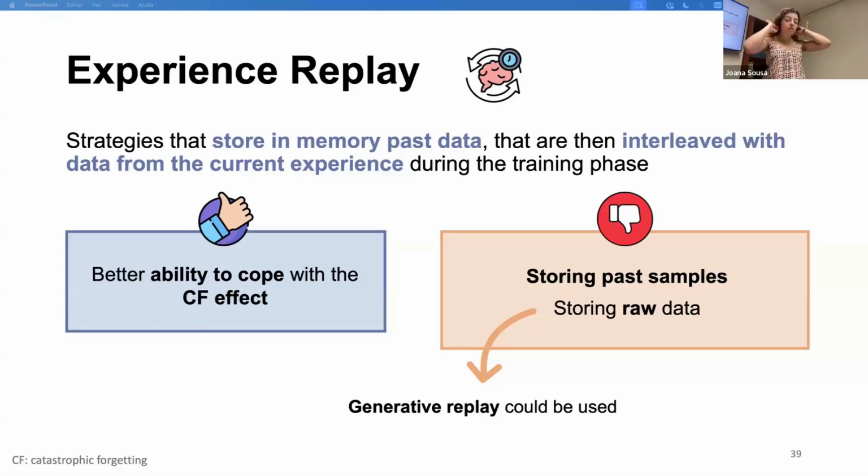There are also financial and computational resources. And there is the additional challenge that, especially in the medical domain, we cannot store raw data, right? So we could use generative replay, but there is a problem with generative replay, similar to the Oracle with the dynamic architectures: this generative replay also needs to be continually trained.